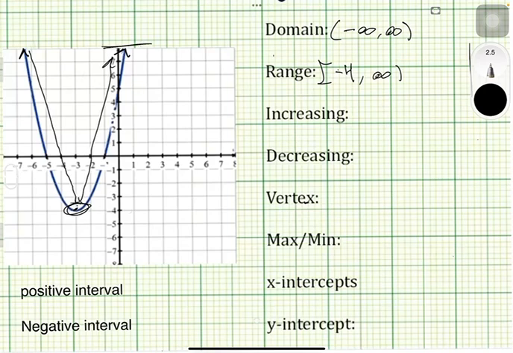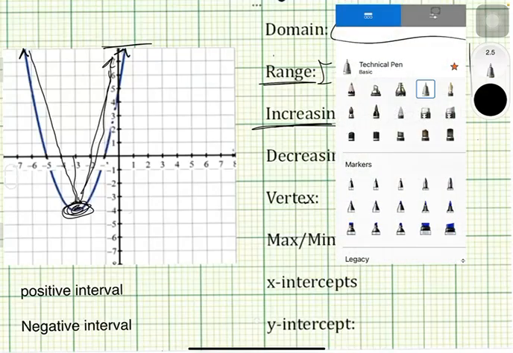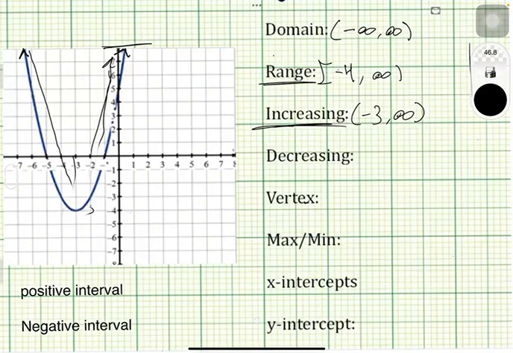Here we have infinity. But first, we write this number. I told you the range only uses the y-axis. This is not the range, so it will be on the x-axis. This number is -3. So we write -3, and it will increase until positive infinity.